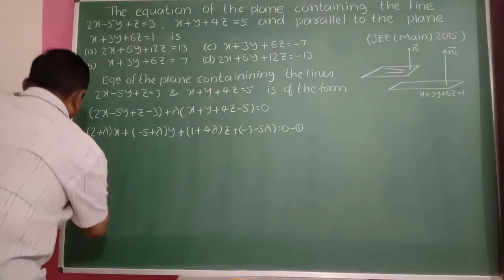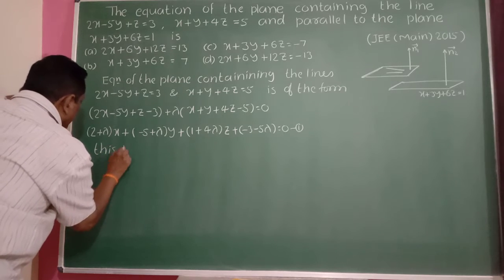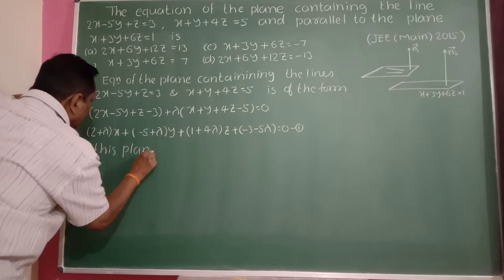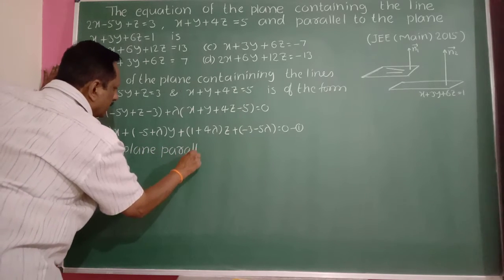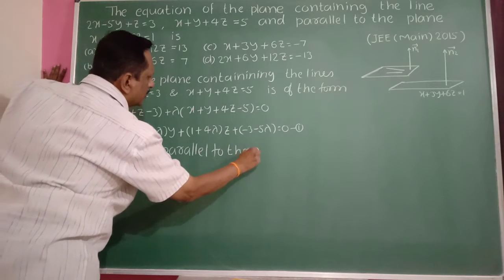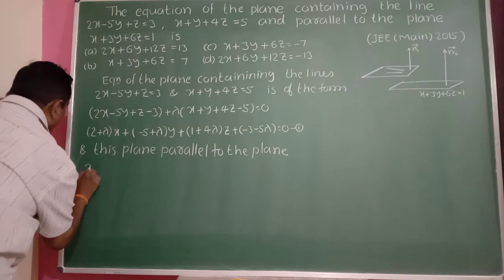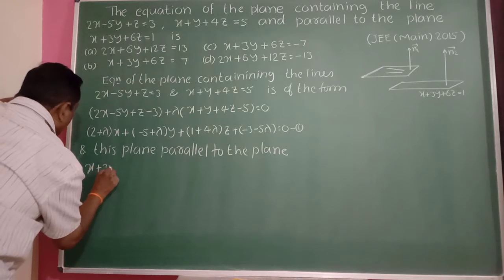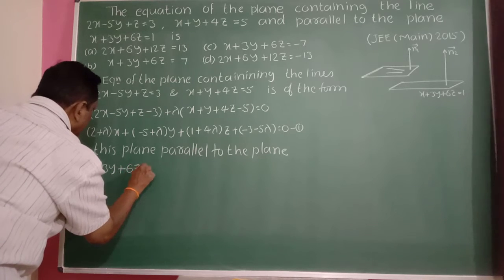Okay, and this plane is parallel to the plane x plus 3y plus 6z is equal to 1.